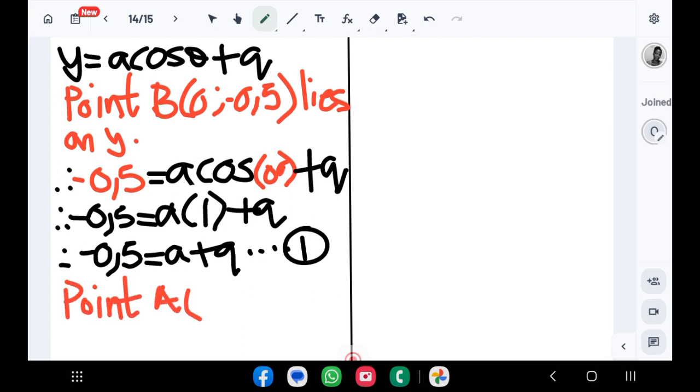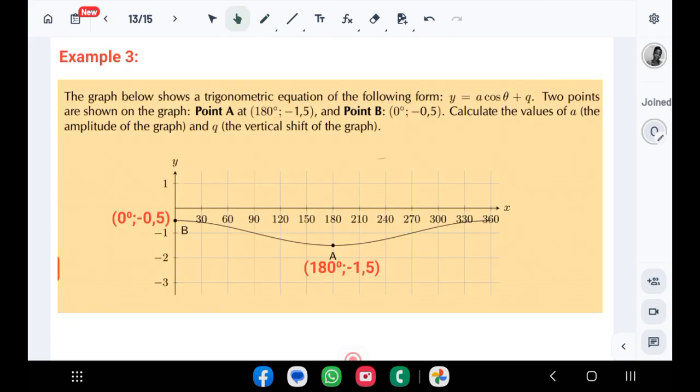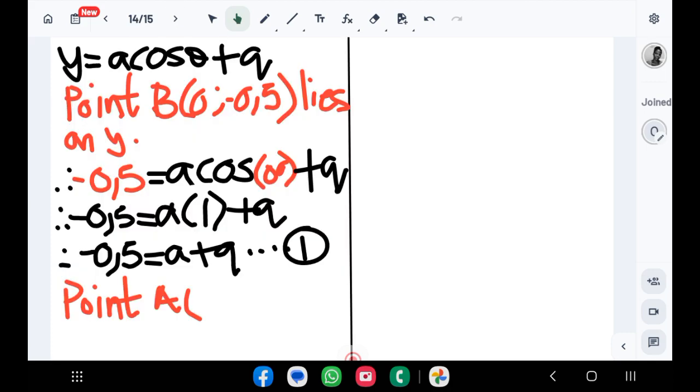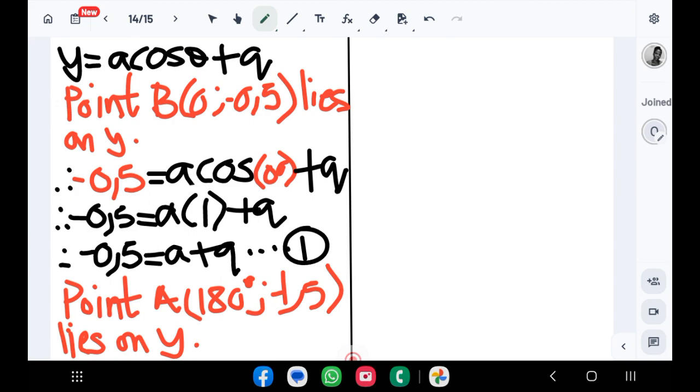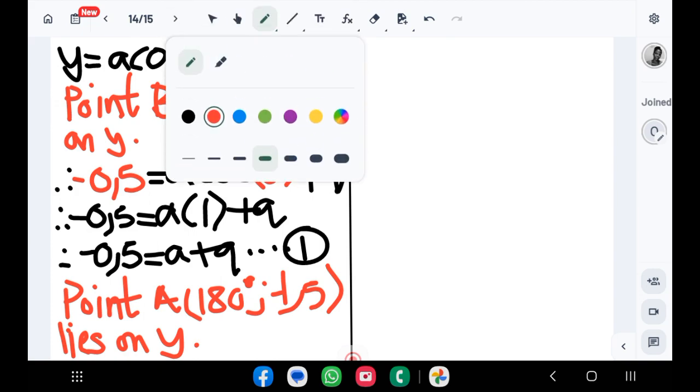Next, this next point, point A. Let's see the coordinates, that's 180 degrees and minus 1,5. It lies on the graph as well. Therefore, we substitute.